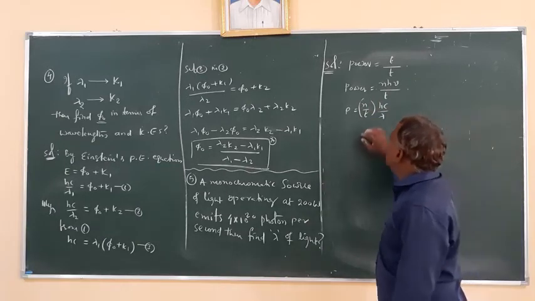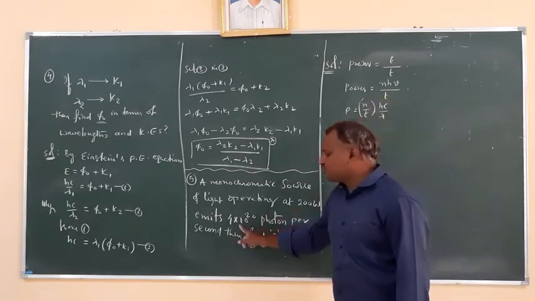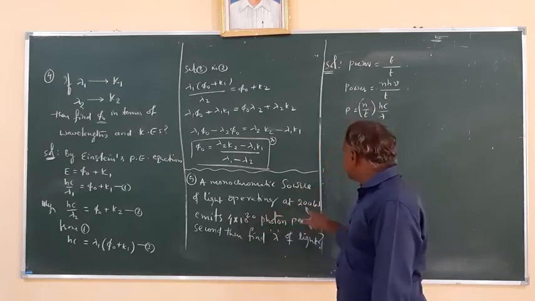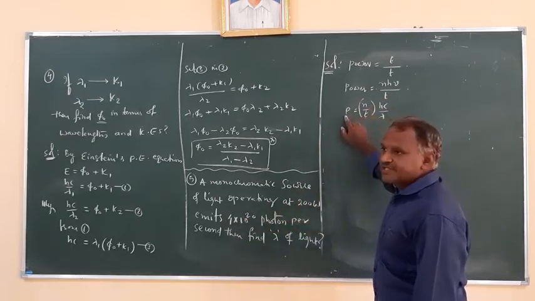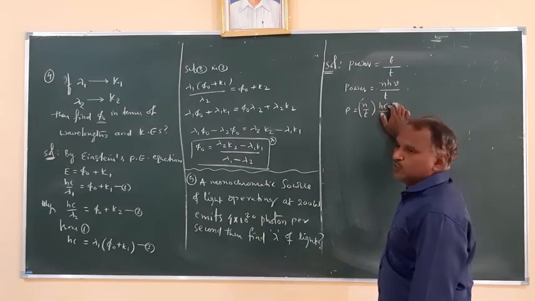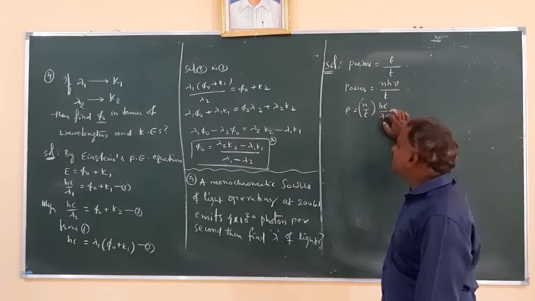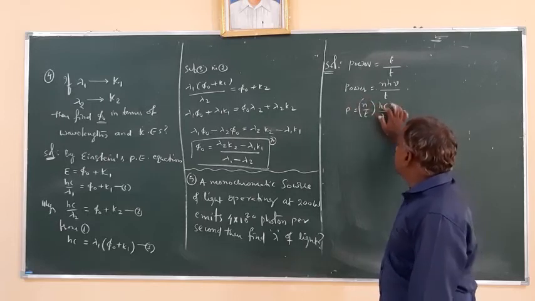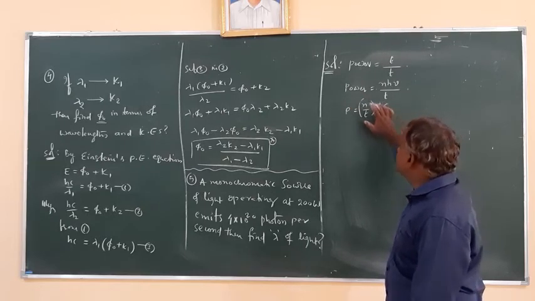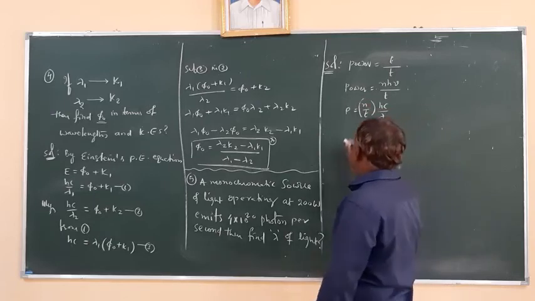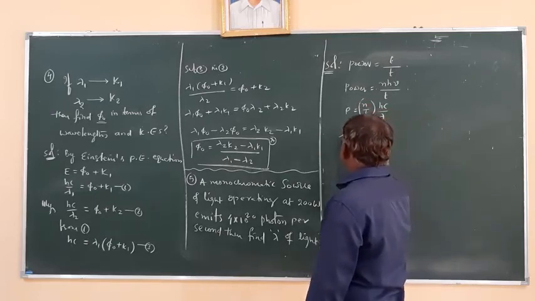Here n by t is given in the question itself, power is also given, and the hc value is known. Now we want to calculate lambda, so put it on this side and substitute the h and c values and make this calculation. You can get the wavelength of the light which is incident on that material.